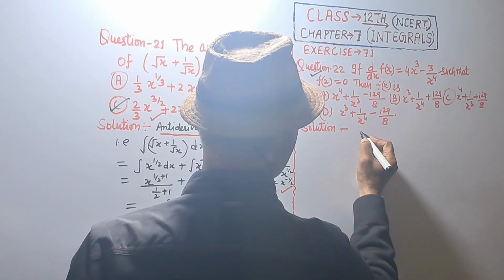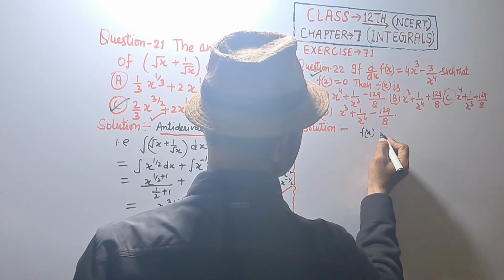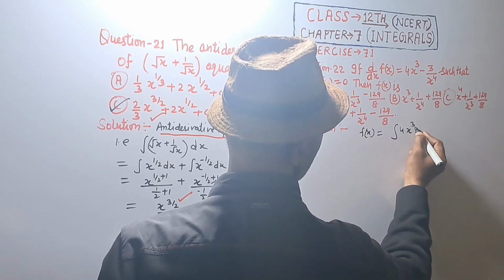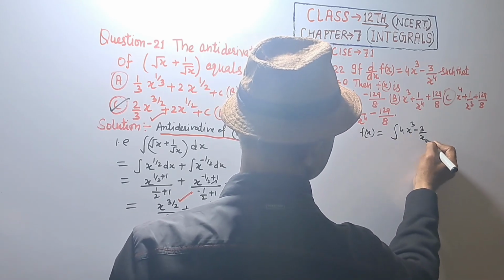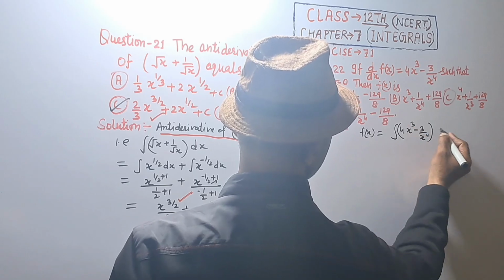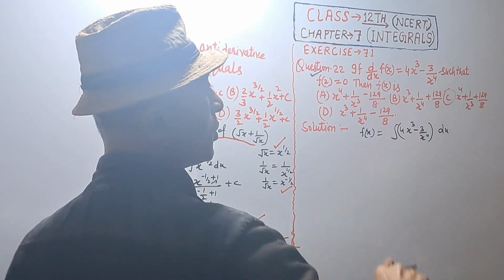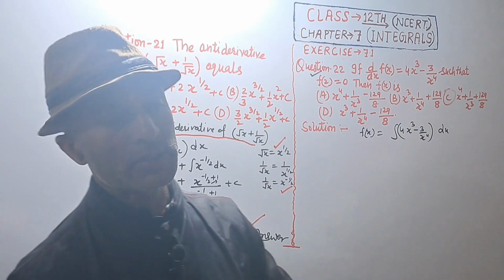Derivative of f(x) equal to 4x cube minus 3 upon x raised to power 4.